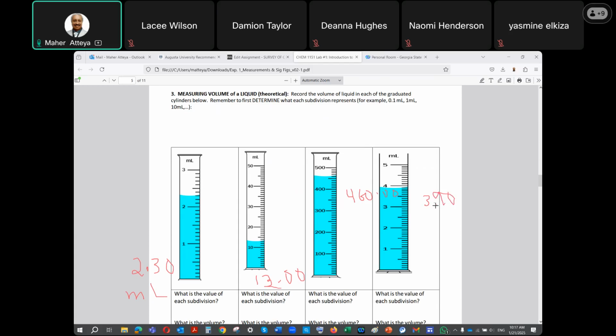Now the question is subunits, meaning how much it reads in between those two marks. How much is the unit here? For the second one, it's 1 milliliter. Correct. How about the first one? 0.1 milliliters.